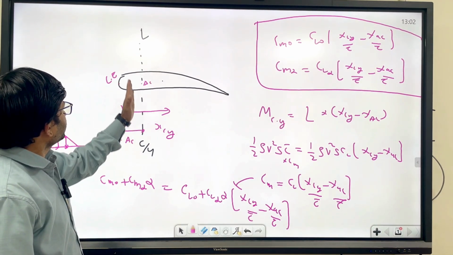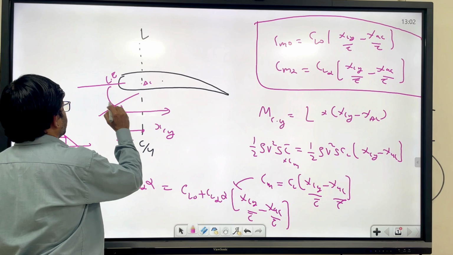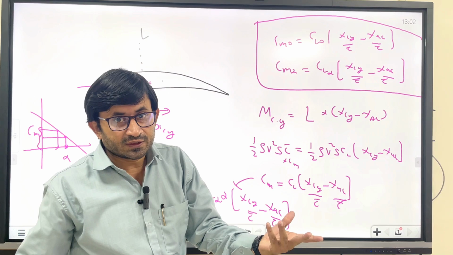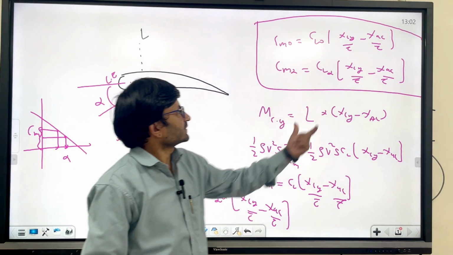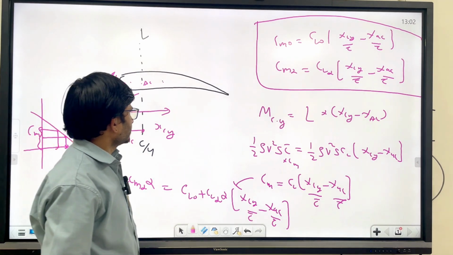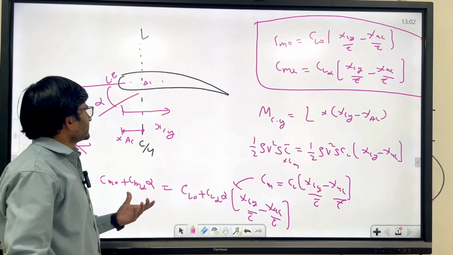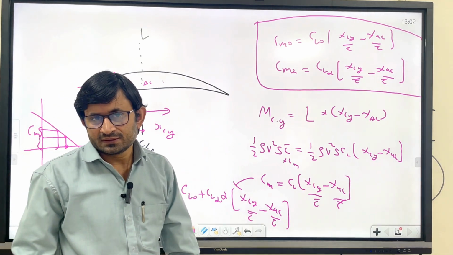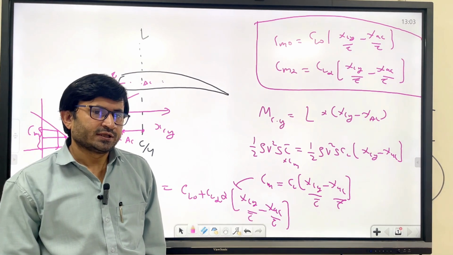If the angle of attack increases, lift will increase, which is a destabilizing configuration. But when you put the CG here, this distance becomes negative, and that is how you achieve the stable condition. So from this expression, one can easily say that for a static stable flight, the CG should be ahead of the aerodynamic center. But a wing alone configuration is generally not possible.